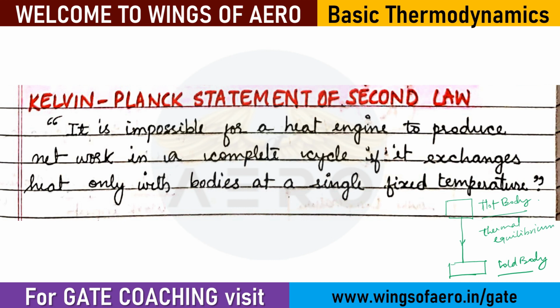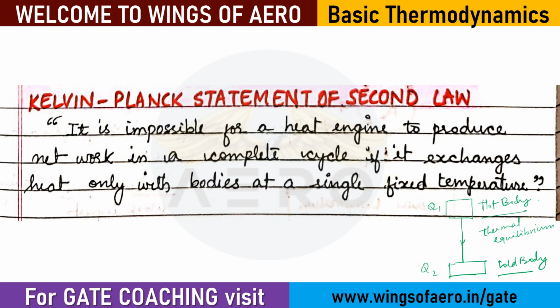But what is a heat engine? A heat engine also does the same. It adds some amount of heat and liberates some amount of heat, which is not equal. But what this Kelvin-Planck statement says is that it is impossible for a heat engine to produce net work done in a complete cycle.